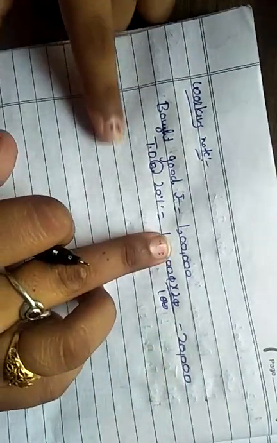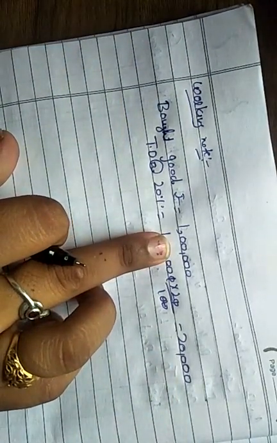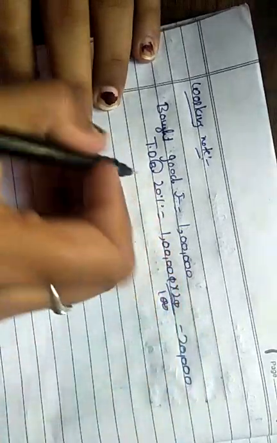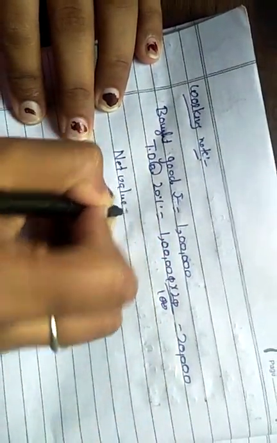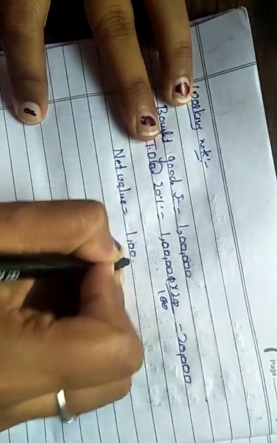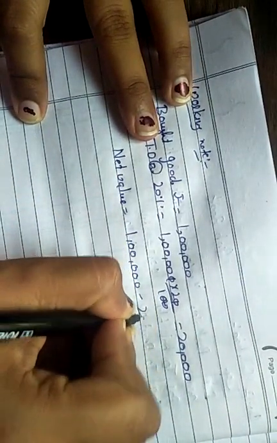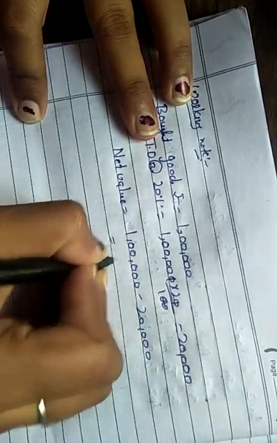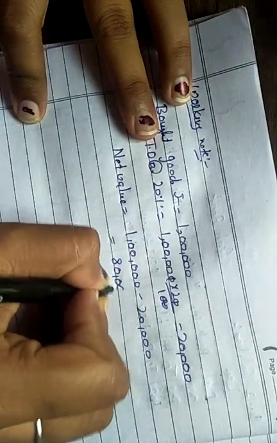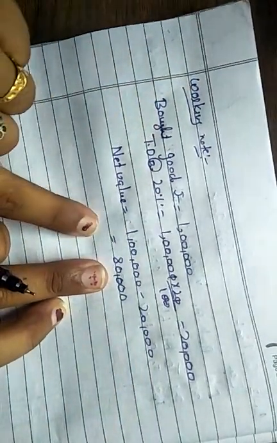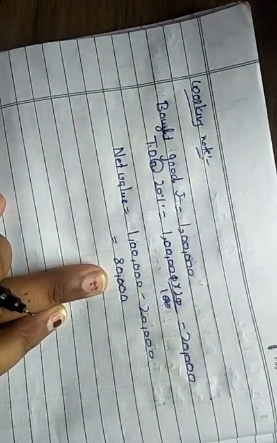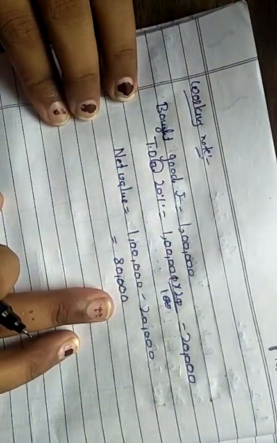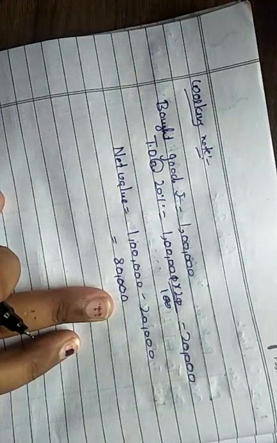As you know, trade discount value is deducted from the price of goods. So net value which is paid to the seller after deducting trade discount is 80,000. Deduct 20,000 from 1 lakh, so 80,000 is paid for the goods purchased. Now on 80,000, CGST and SGST is also paid.